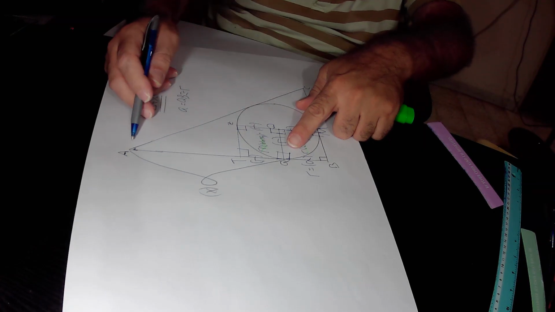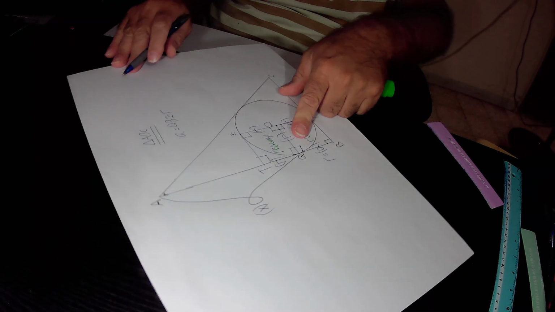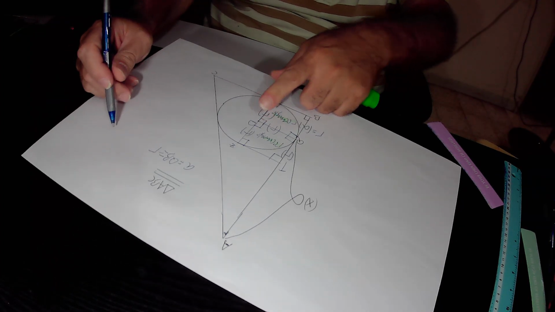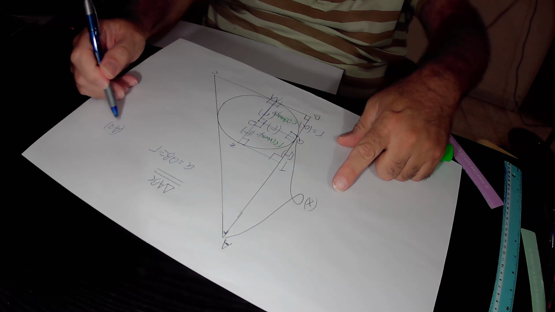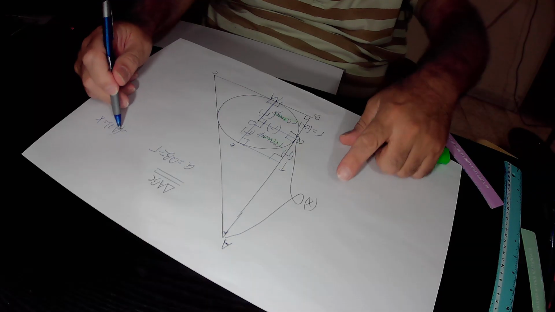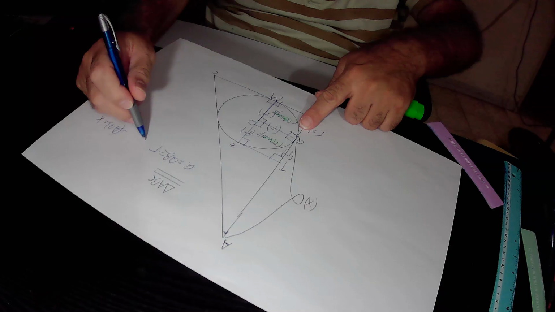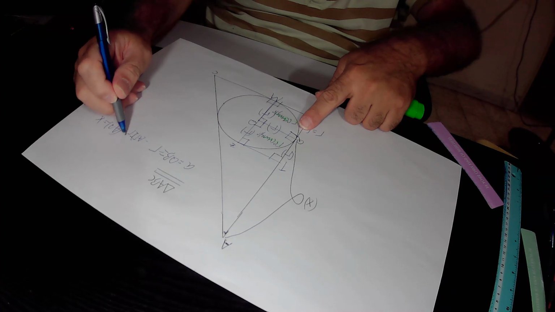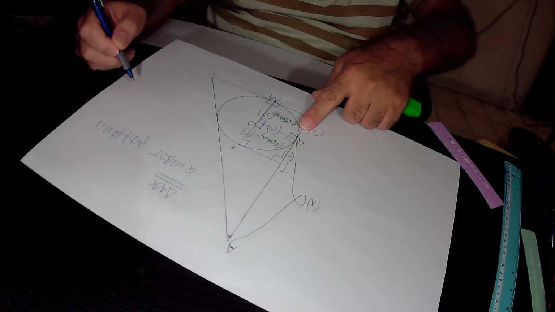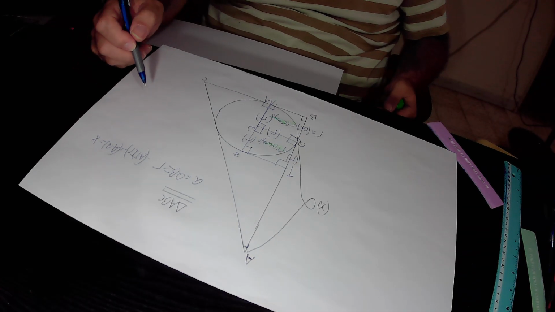TQ is R, so in total AQ equals AT plus R. So from one side, AQ equals X, but from the other side, AQ also equals AT plus R. So we find out that AT plus R equals AQ equals X.